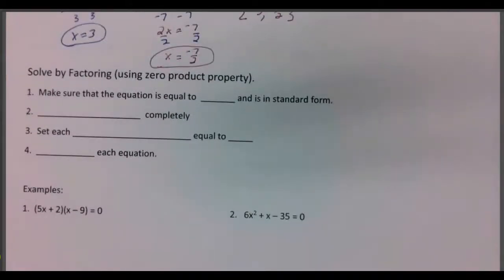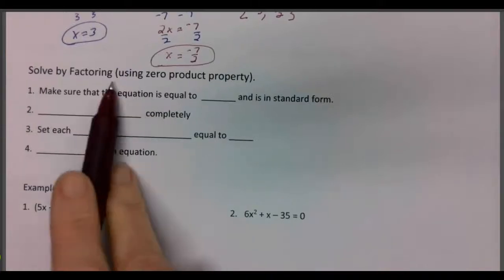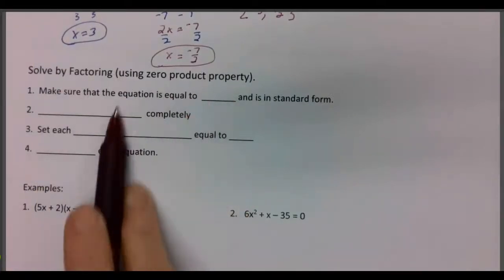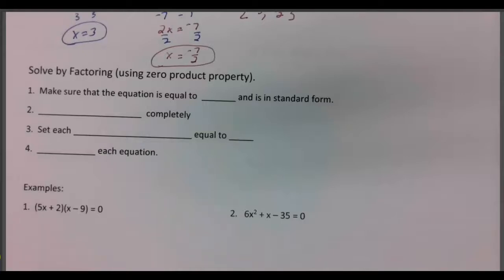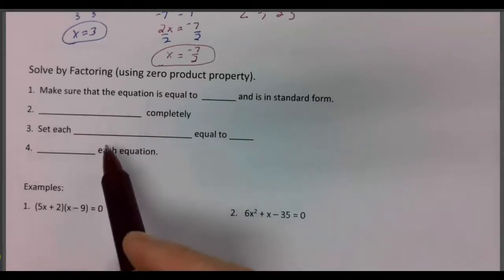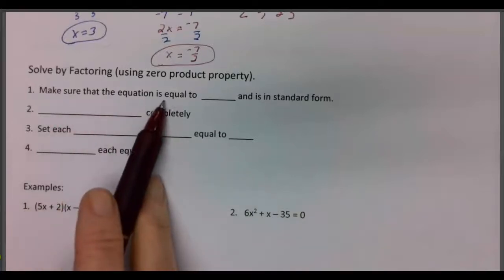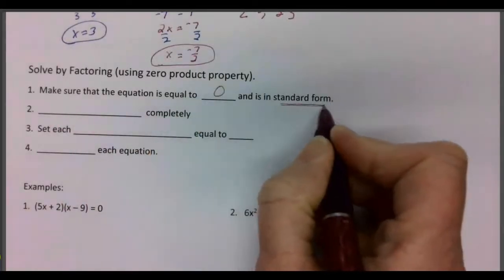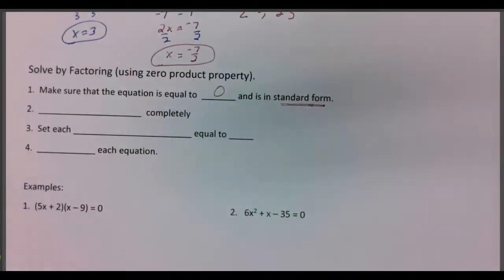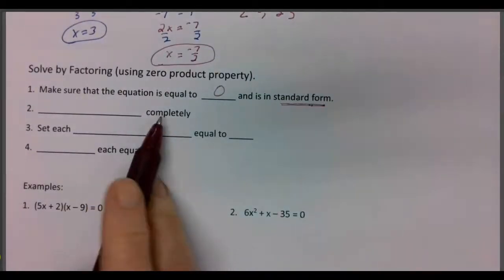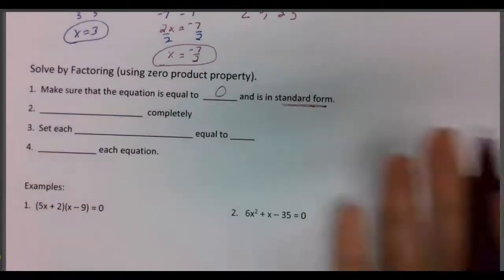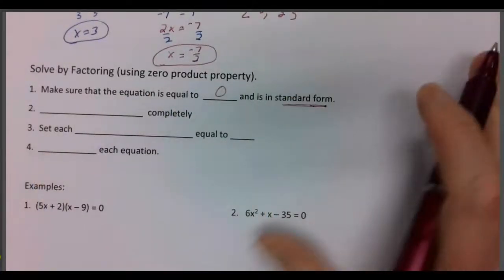Okay, so given any quadratic equation, if I want to solve by factoring using the zero product property, because that's what you have to use, these are the steps we're going to go through. Now, this first one is not going to make a huge difference, and some of these we won't even use right away. Make sure that each equation is equal to 0 and in standard form. That goes to the factoring part, the fact that it has to be in standard form so we can factor. So we have to set it equal to 0. If it's not 0, we have to manipulate. We have to add or subtract. So we have everything on one side, 0 on the other.